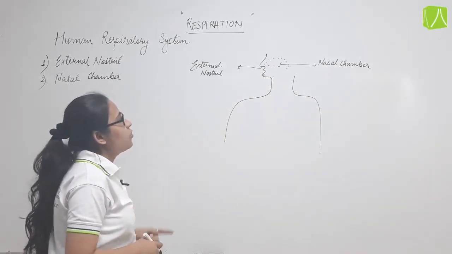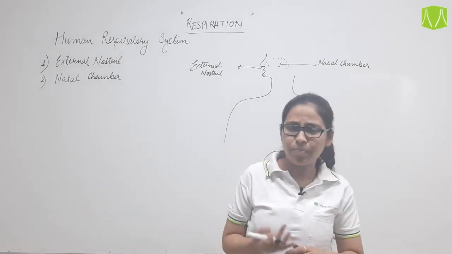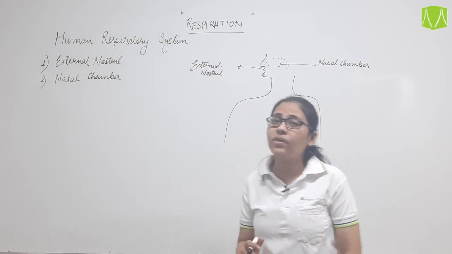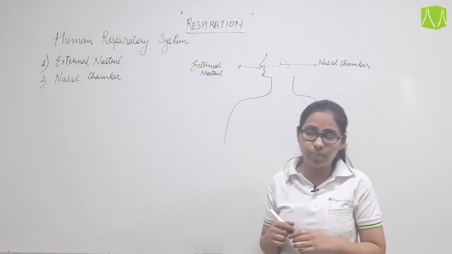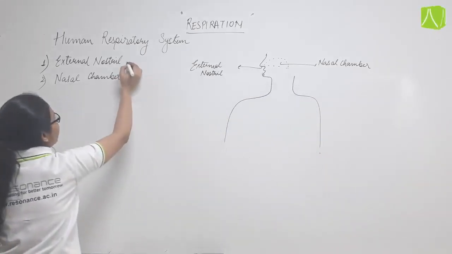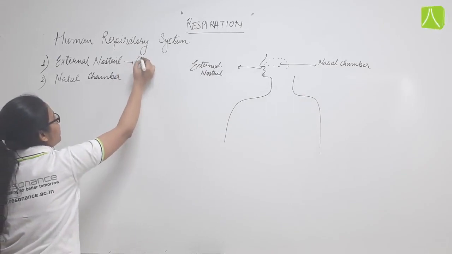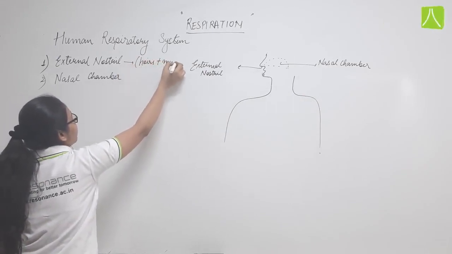Now in nostril we have to remember some points. We know that our nose contains hairs as well as some mucus. So basically external nostril has hair plus mucus.